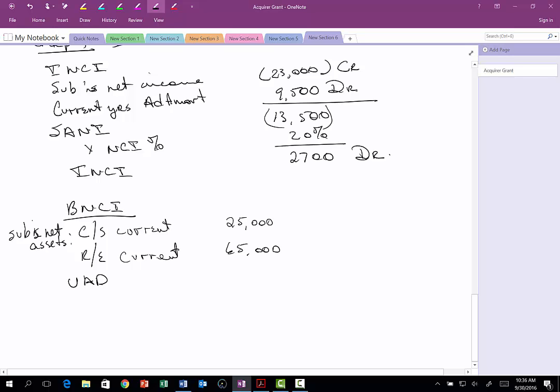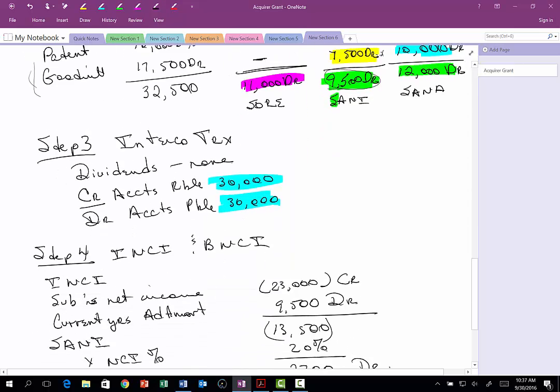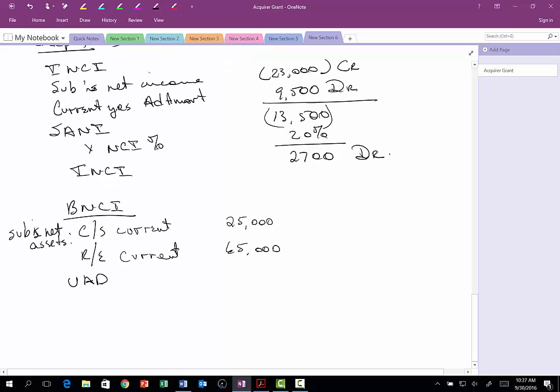In this case we're adjusting it for the UAD, i.e. the adjustments that we're doing to the consolidated balance sheet. Once again, we could use both the 2,000 and the 10,000, but it's easier if we total them and put 12,000 in total adjustments through our BNCI calculation. So there's our 12,000.